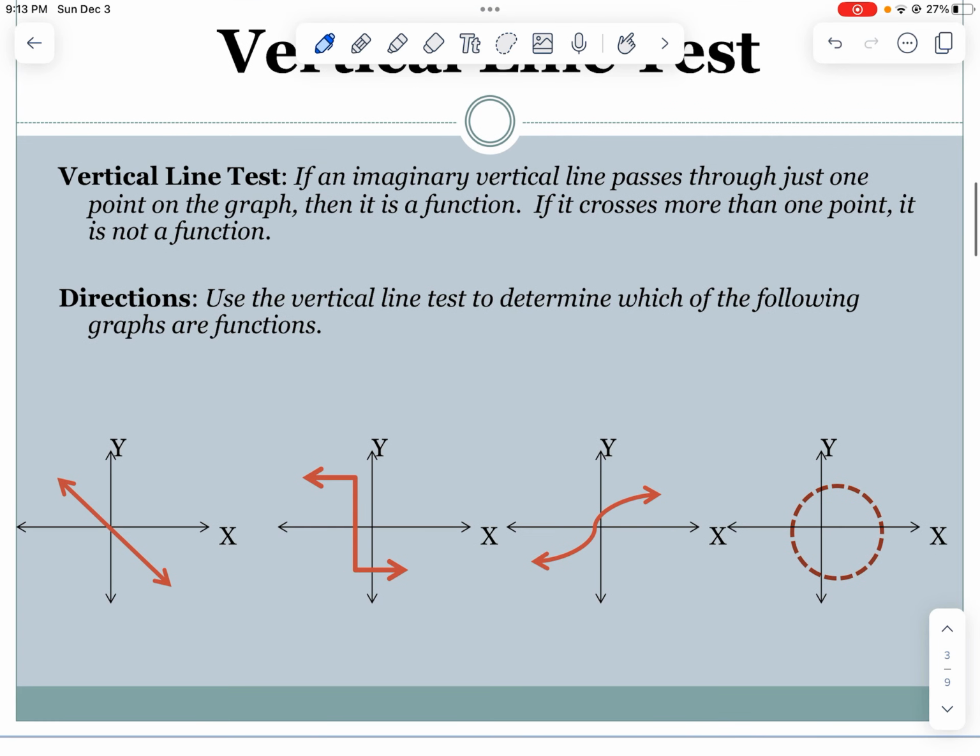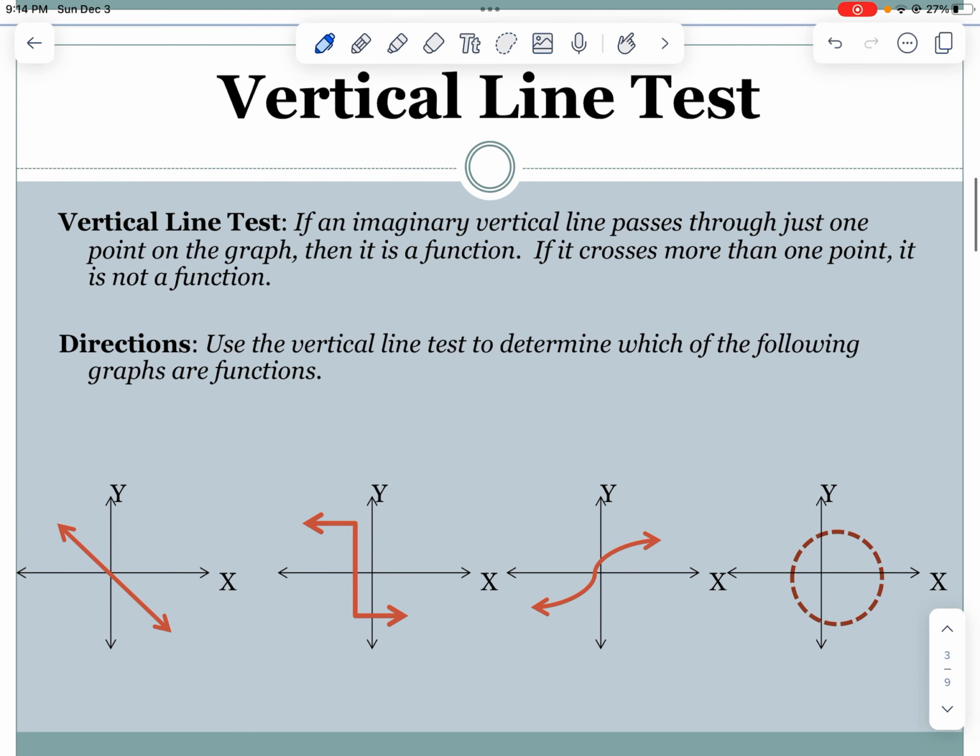Okay, so now we can think about this graphically. What this means is that a relation will be a function if it passes the vertical line test. Think to yourself, a vertical line test is if I were to draw an imaginary line anywhere through this graph, would it only touch once? If it crosses more than once, it is not a function.